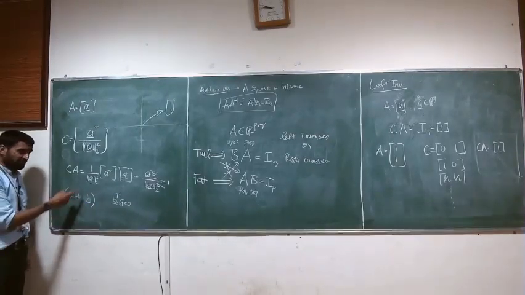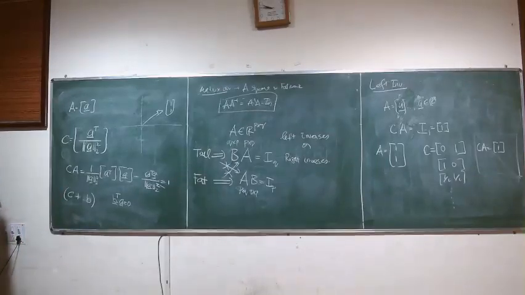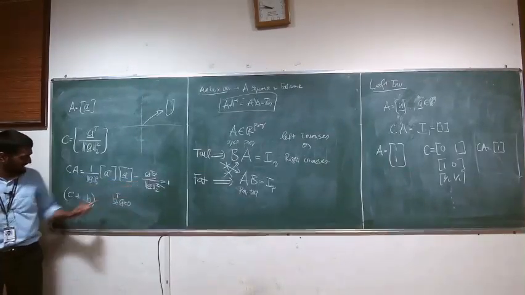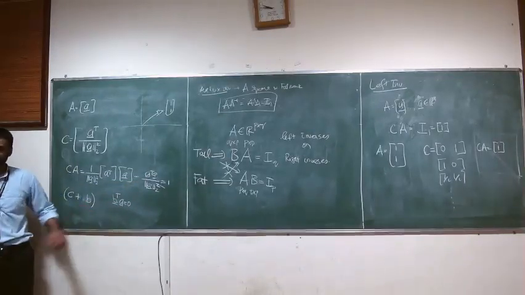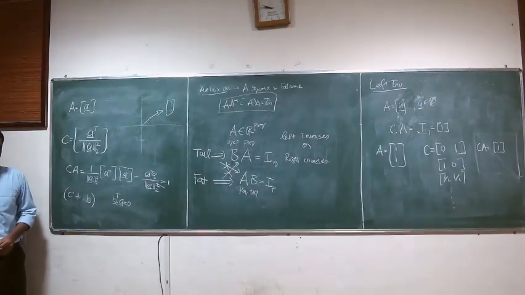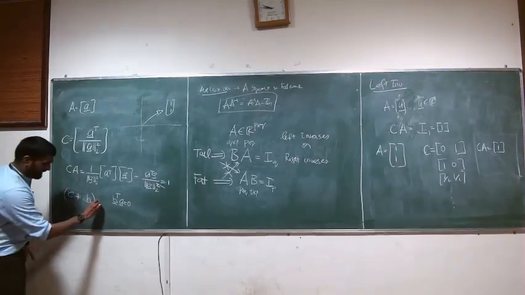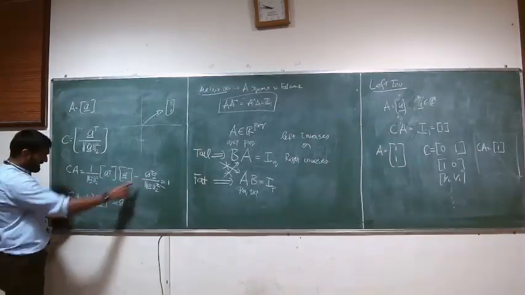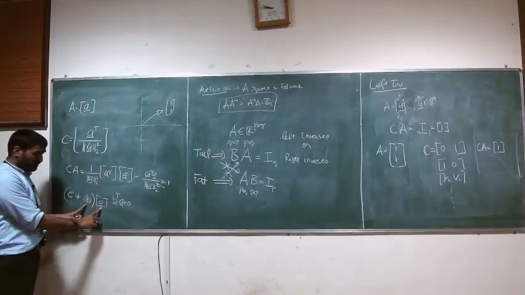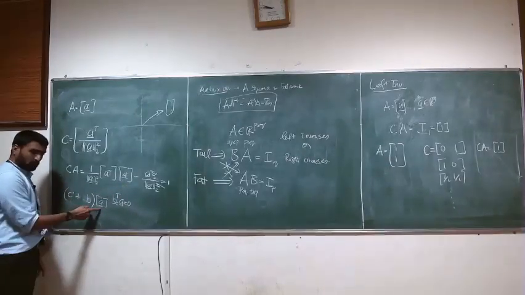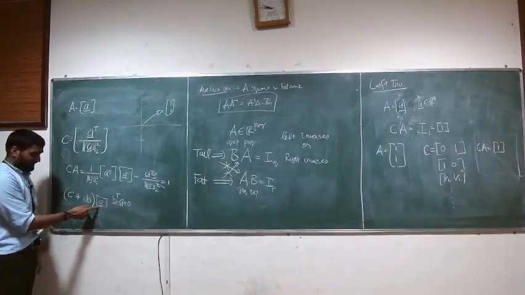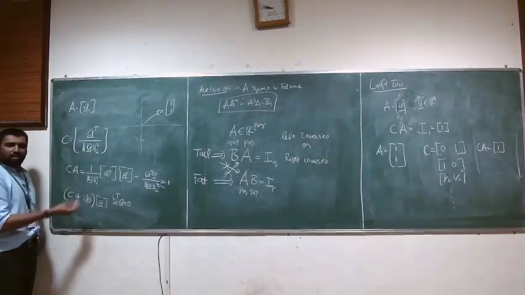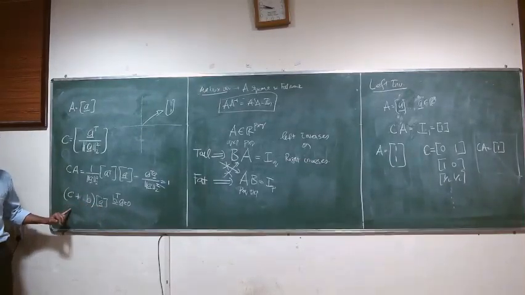Does this also form a left inverse for my matrix A? Basically, I take this and I add this vector B that satisfies this. Well, if I multiply this by A, these two will multiply to give me 1, these two will multiply to give me 0. That means if I choose any vector that is orthogonal to my column of A, then those are all the other possible left inverses that I can produce.